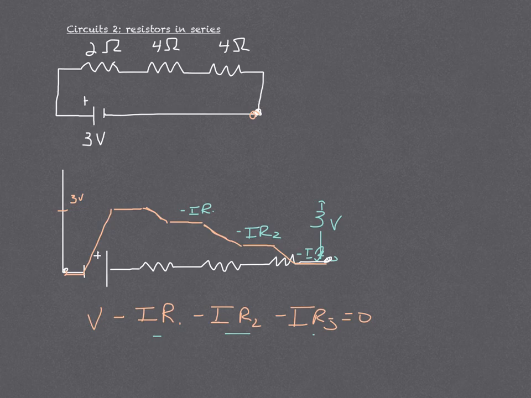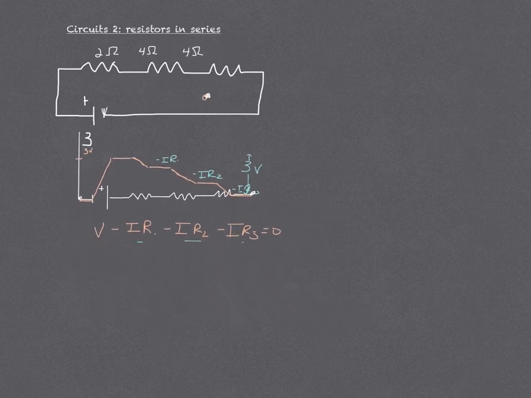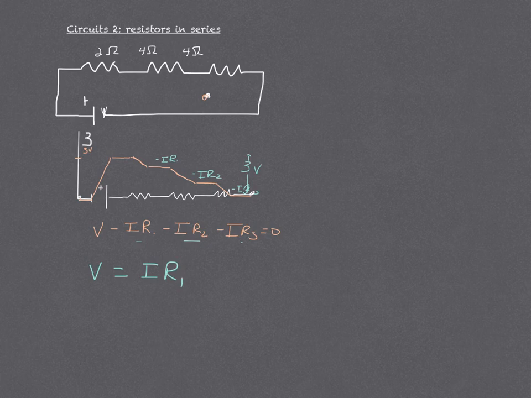So if I add everything up in that equation, move all of the IRs to the other side, so V is equal to IR1 plus IR2 plus IR3, and I is in each of the terms, so I can factor that out.